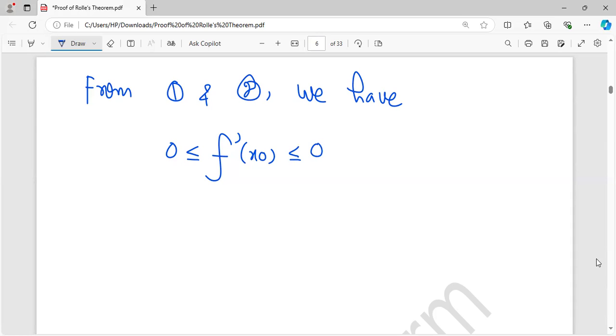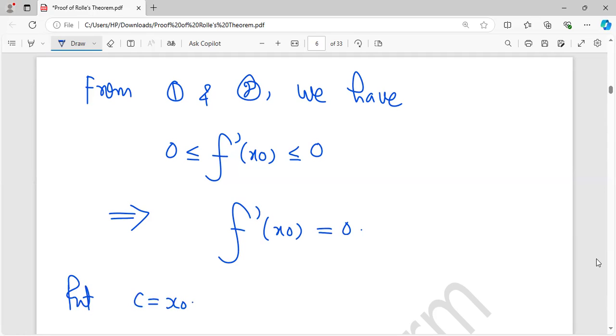So what is the meaning of this? This is f dash of x equal to 0. Put c equal to x naught. Then c belongs to the open interval (a, b).